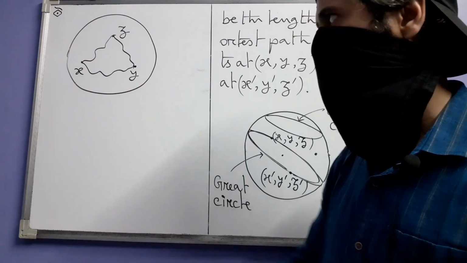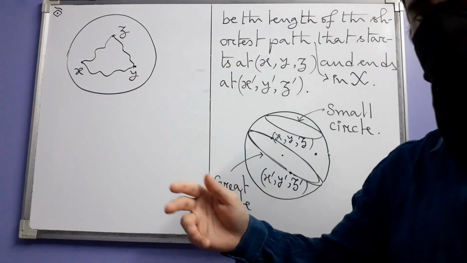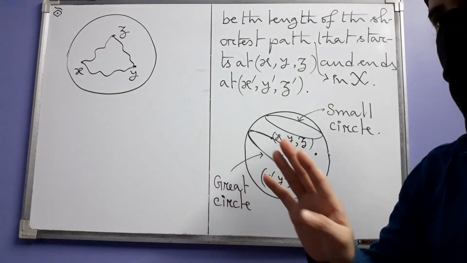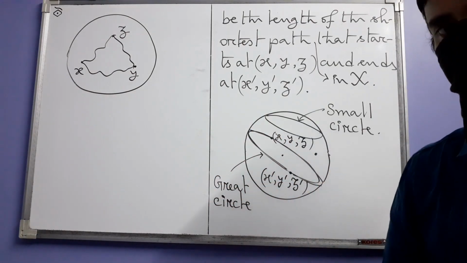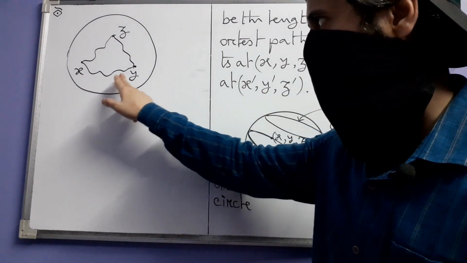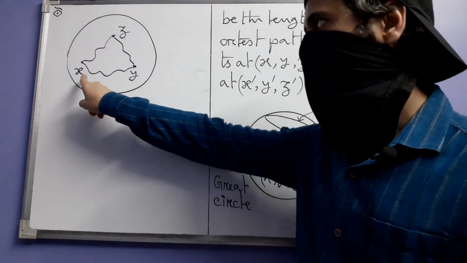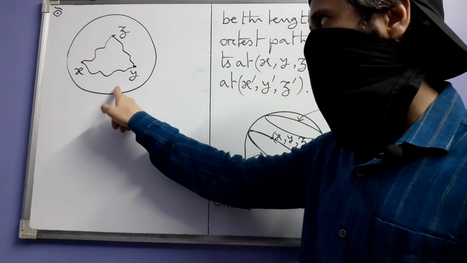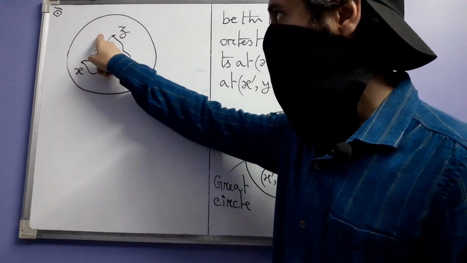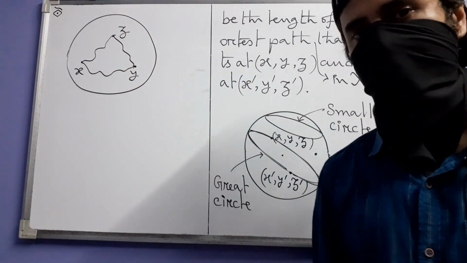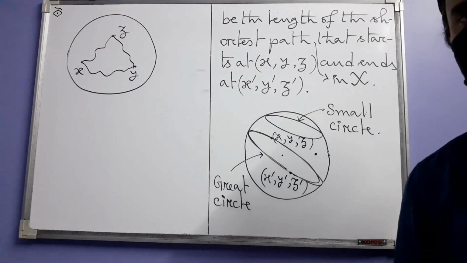Its length is small, although it looks really very wavy, but you can understand that I am not actually assuming any particular type of path. That's why I have drawn this type of very ugly looking path. So this is a shortest path between x and y. This is a shortest path between x and z, and this one is a shortest path between y and z.